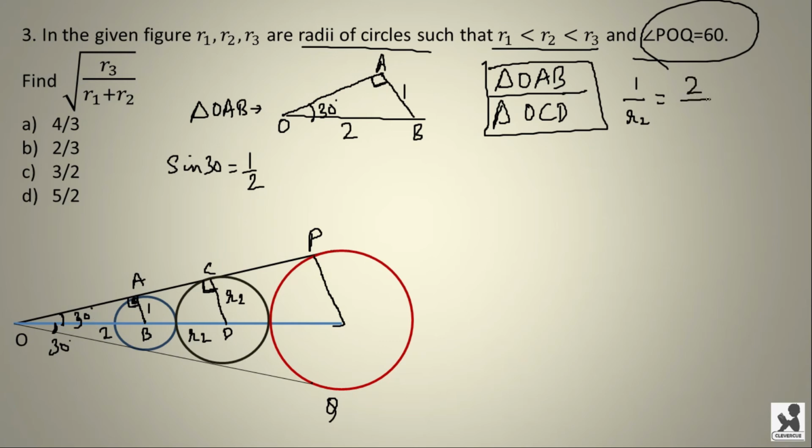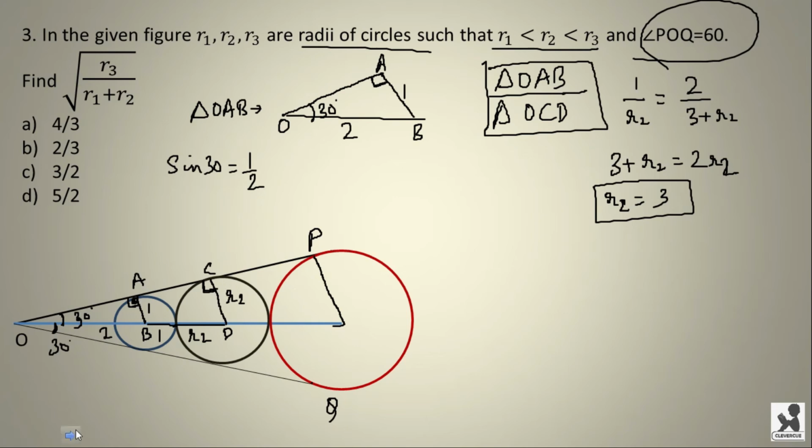So 2 divided by, in the bigger triangle, this OB length is 2, and this radius is 1 and this radius is R2. So it will be 3 plus R2. Now we have 3 plus R2 is equal to 2R2.